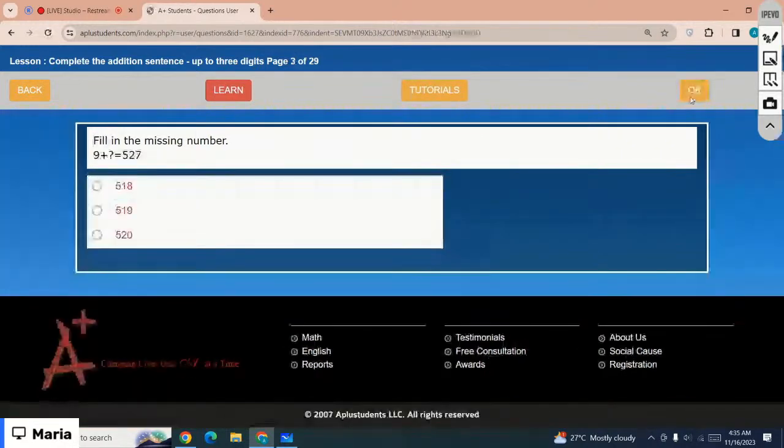Okay, the next one is 9 plus missing number equals 527. So which is the correct option?